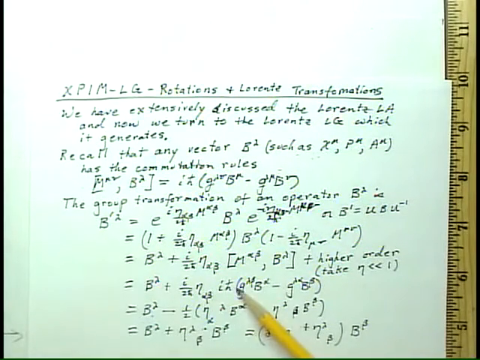So this leaves us in the first term with an eta lower alpha upper lambda, because this beta has been raised to a lambda, times B alpha, minus eta, and now we have, if we think of this alpha here, the alpha has been raised to a lambda, so we now have an eta that's been raised to a lambda right here, and the beta stays where it is, times B beta.